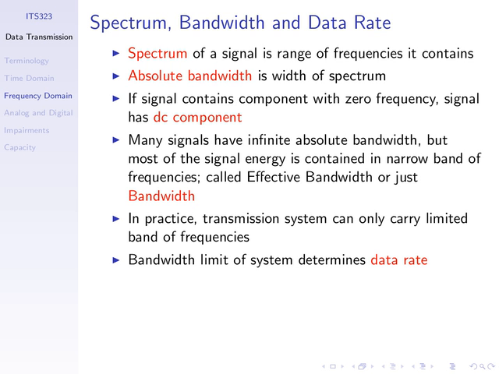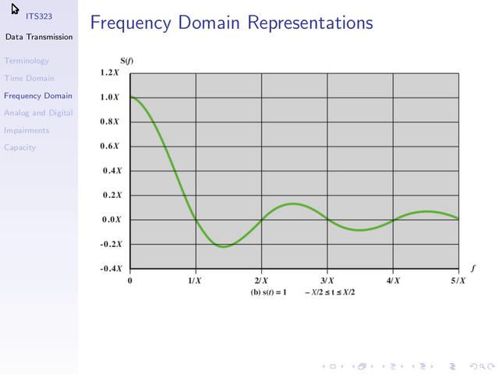Some signals have infinite absolute bandwidth. If we go back, here's an example of a signal in the frequency domain, and it keeps going. We've just limited it to here, but in theory, it will keep going up and down. Very small. As you can see, it's very large here, but then gets smaller and smaller and smaller, but gets infinitely small.